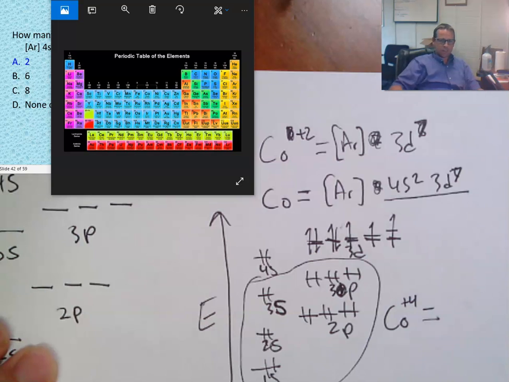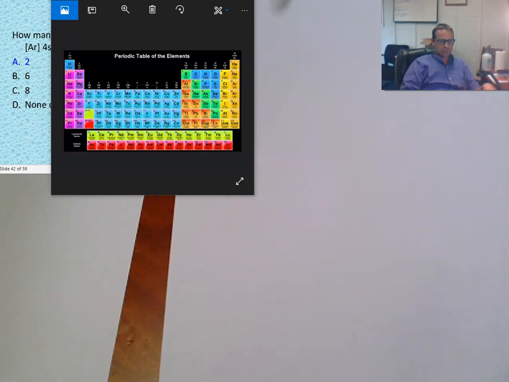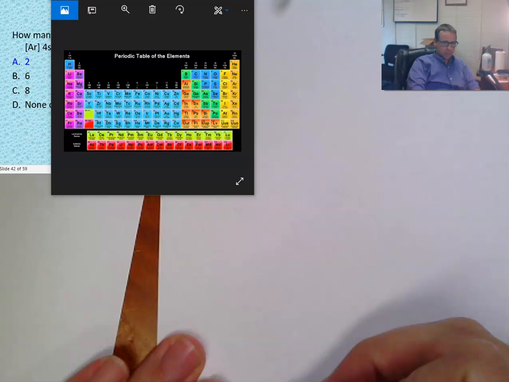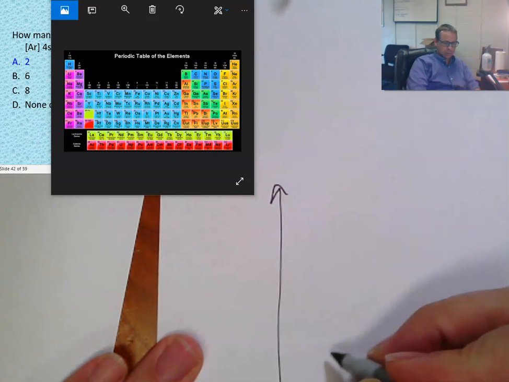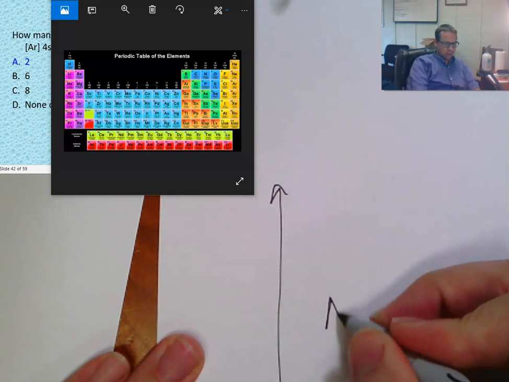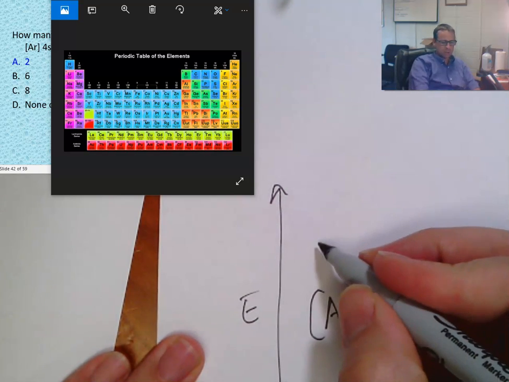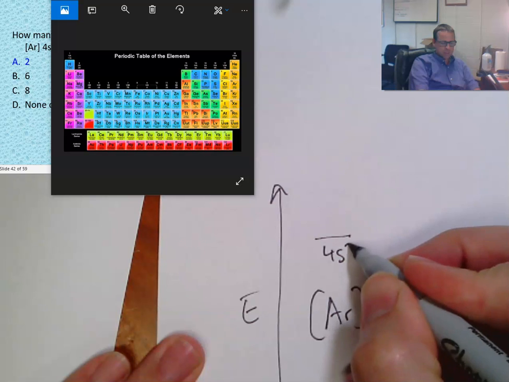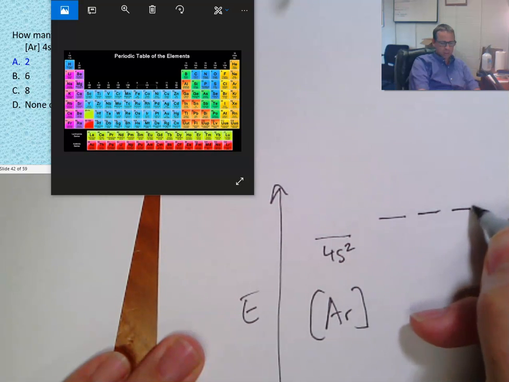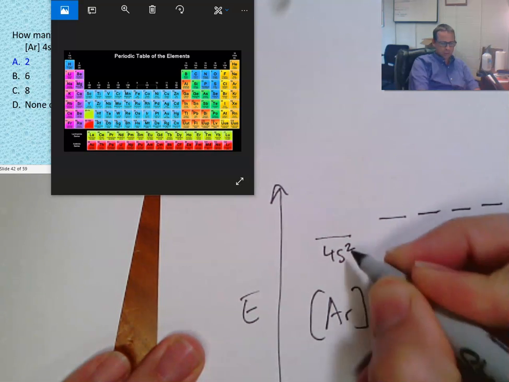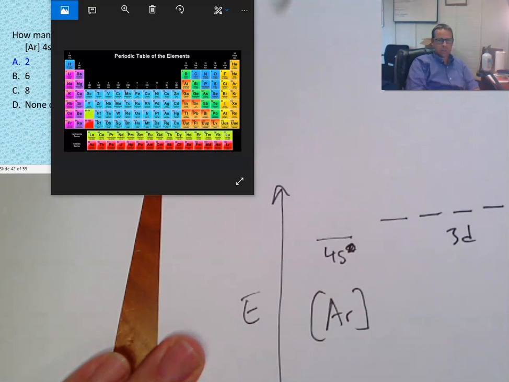Okay. We're going to try to clean this up a little bit because we got lots of stuff going on. I'm going to rewrite an orbital diagram here for argon core. And then outside the argon core, I have my 4s and 3d.